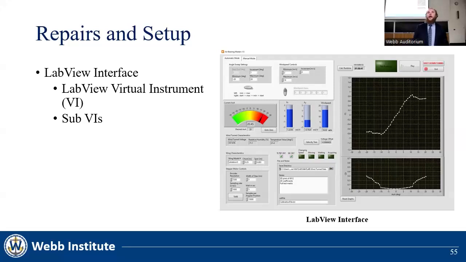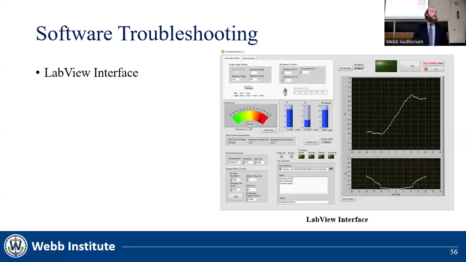The tunnel then measures lift and drag forces at the desired speeds and angles of attack. The fluid properties, as well as the foil parameters, are then used to calculate non-dimensional lift coefficients, and these are plotted against angle of attack in real time. The wind tunnel software had many errors at the start of our thesis and was incapable of running.